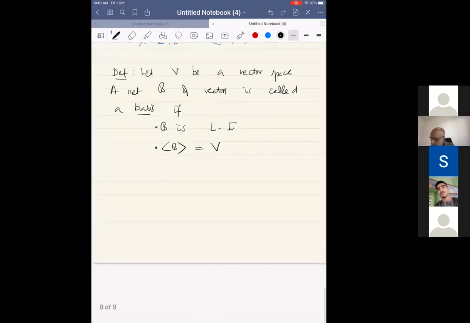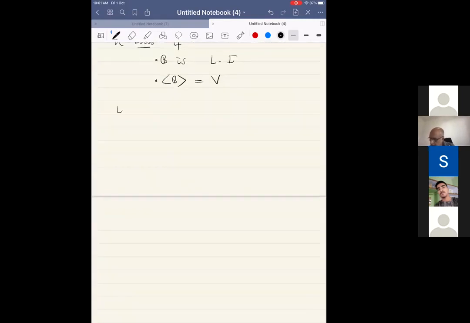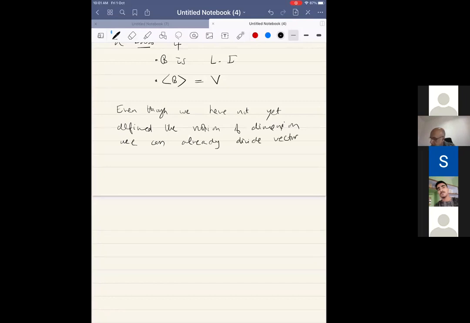So even though we have not yet defined the notion of dimension, we can already divide vector spaces into two kinds: those for which a finite basis exists, and those for which a finite basis does not exist.